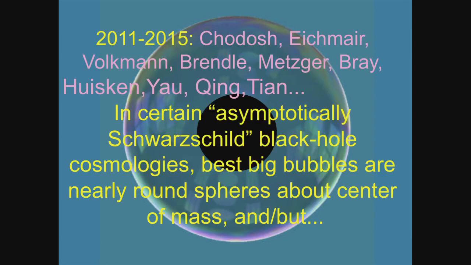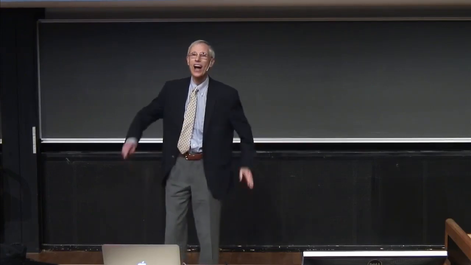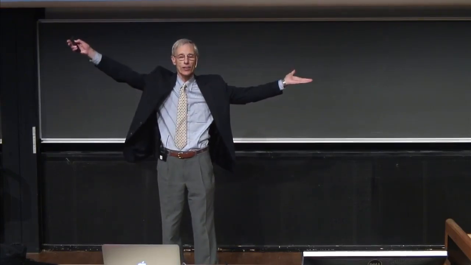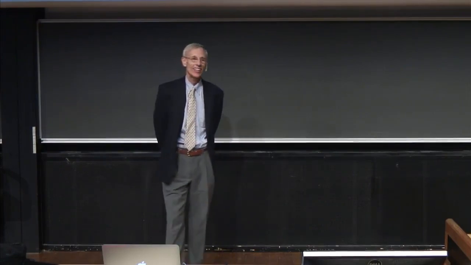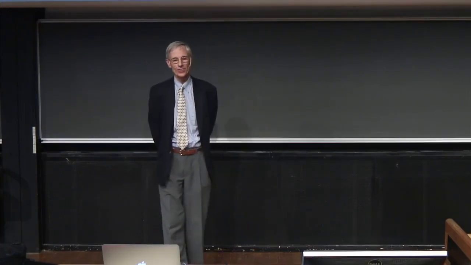The latest result was just posted March 17th, so not very long ago, by Chodosh, Eichmair and Volkmann, about universes that are asymptotically conical as you go off to infinity. So this remains a very active area of research today.